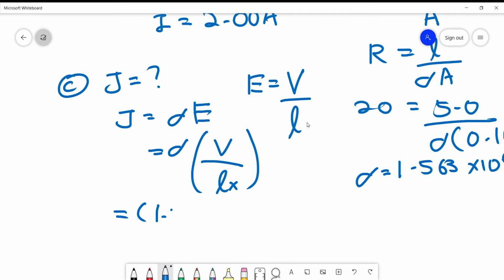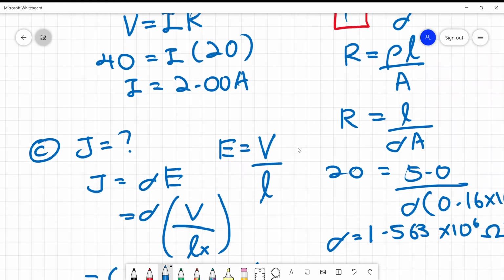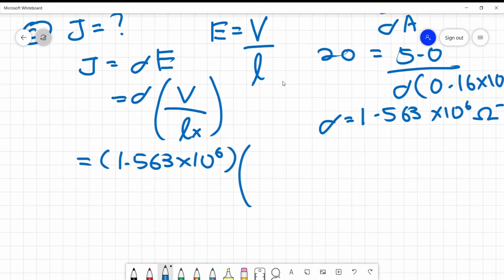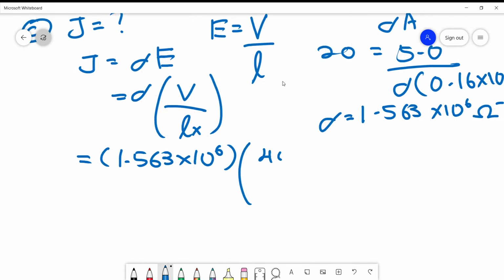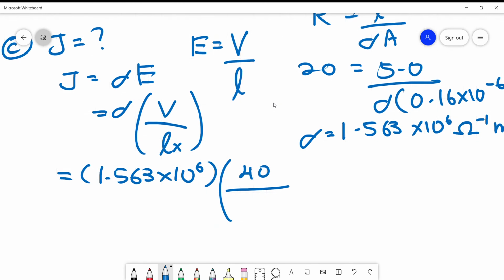This is how we calculate the current density: 1.563 times 10 to the power of 6, times the potential difference, which is 40 volt, divided by L, which is 5 meters.